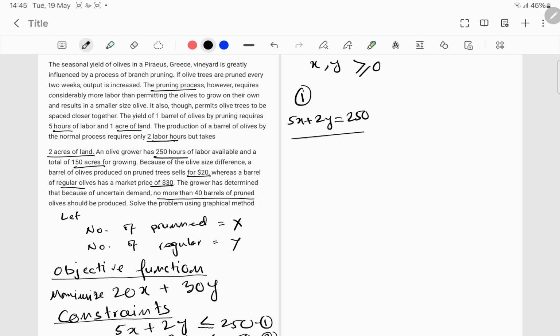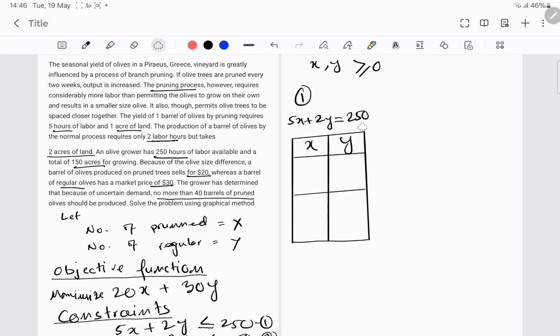Let's make the box. I have to make it again and again, so let's copy this one for all the three equations.